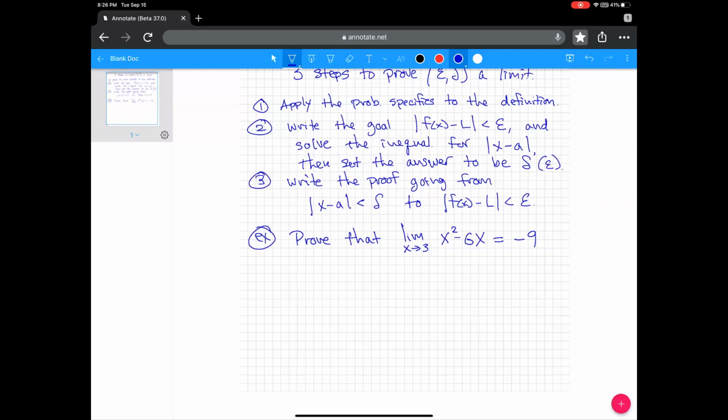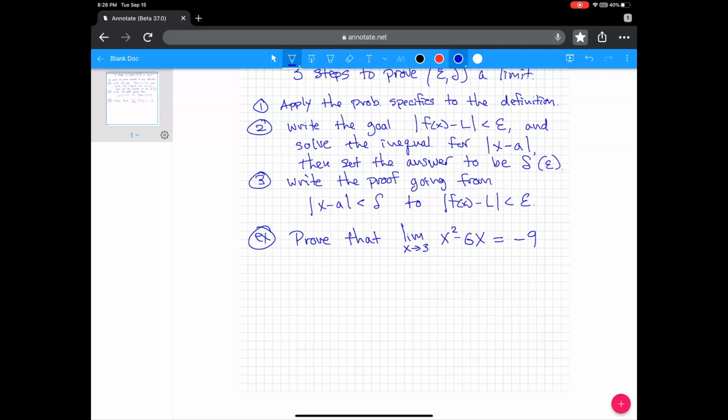Okay, so we can evaluate this limit because this is a continuous function, x squared minus 6x. And if you plug in a 3, you get 9 minus 18, which is negative 9. So we can see that this is the value of the limit because we have shortcuts, but that's not a proof. So to prove, we need to use the formal definition of a limit.